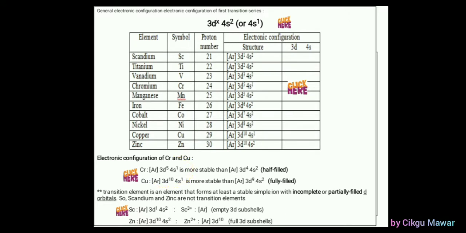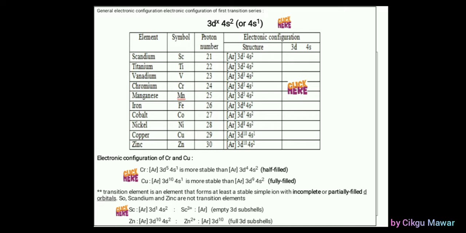For chromium, 3d5 and 4s1 is more stable than 3d4 and 4s2, because 3d5 is a half-filled orbital, which is more stable than the partially filled orbital of 3d4.